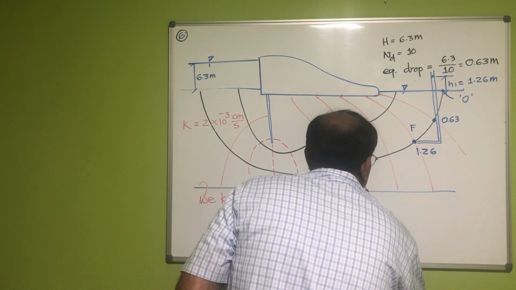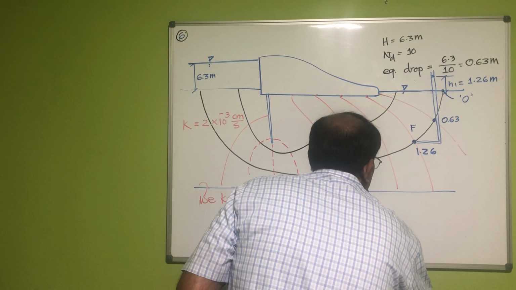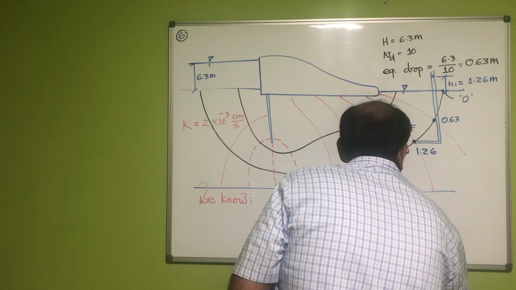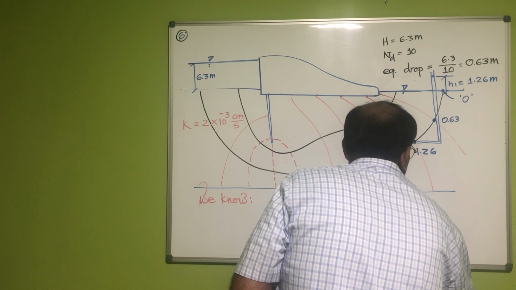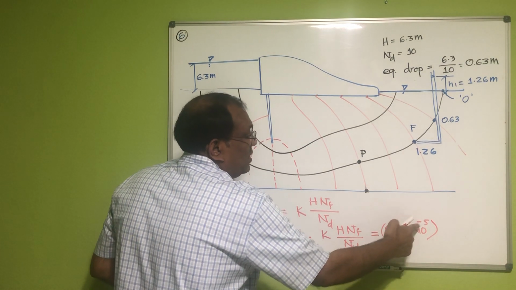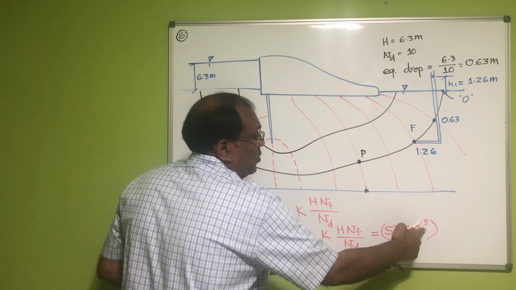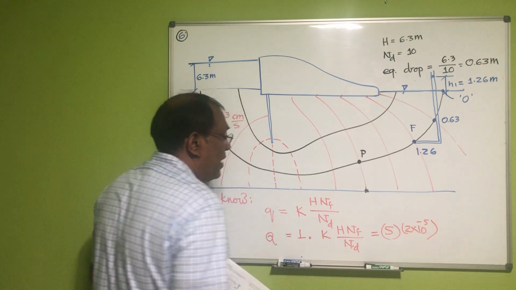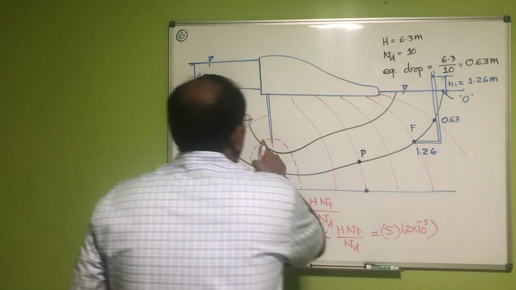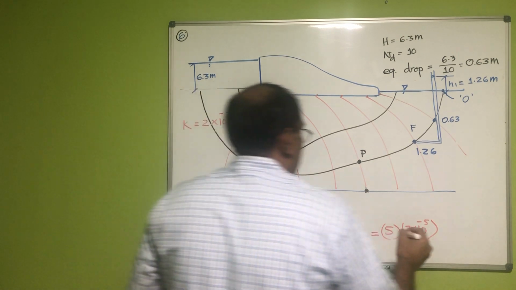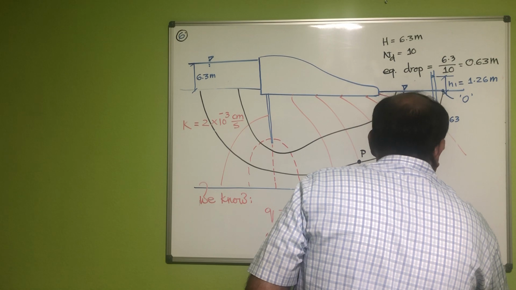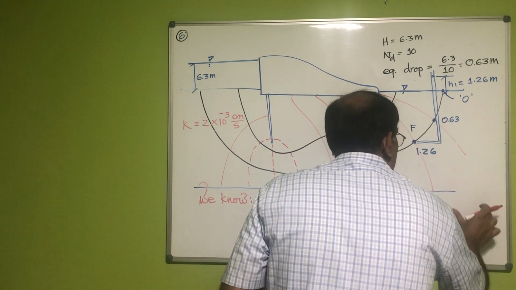So which is actually 5 into 2 into 10 to the power minus 5. I changed that one from centimeter to meter, so that's why this one is not 10 to the power minus 3, that's 10 to the power minus 5. Number of flow paths is 1, 2, and 3. And then, oh, I forgot to write the H here.